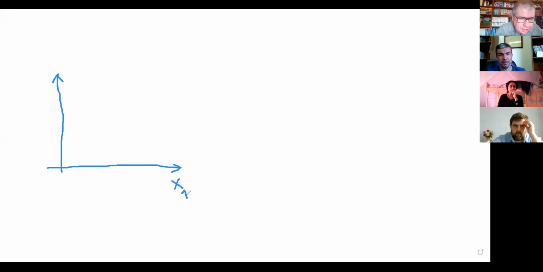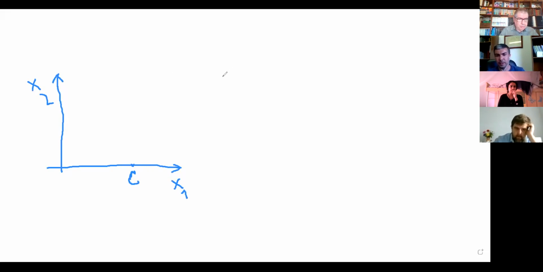Okay, we know that one axis is x1 and the other is x2. Here I put C, sorry for my writing. So I got this point, which is C. The matrix I got was this one.